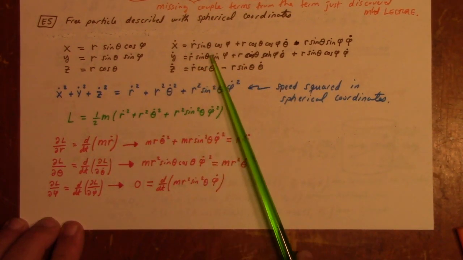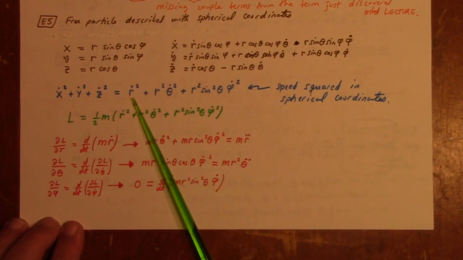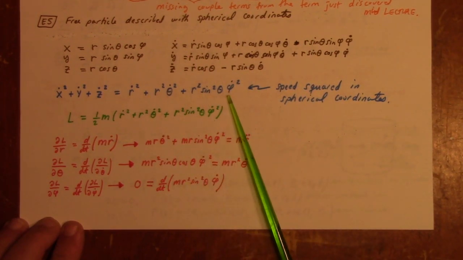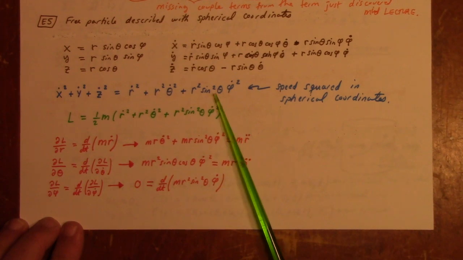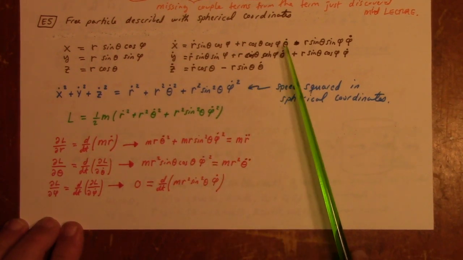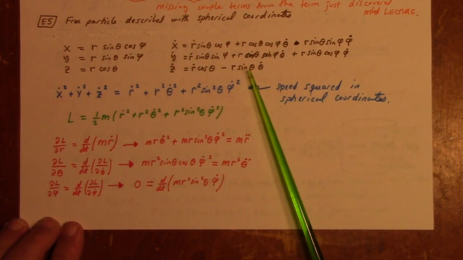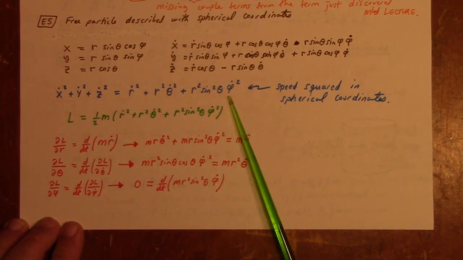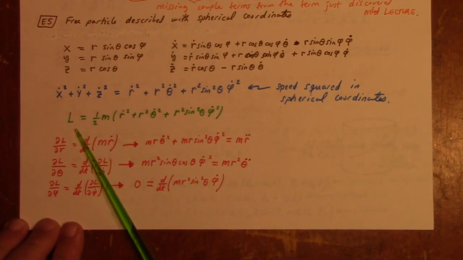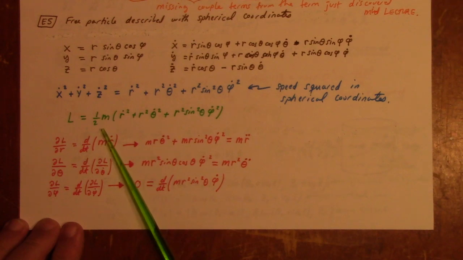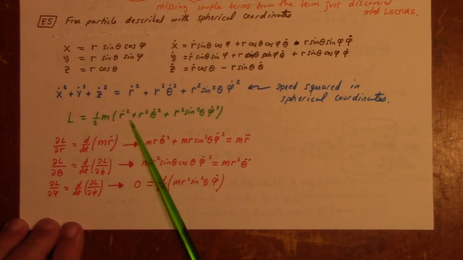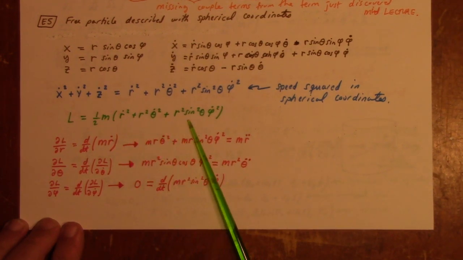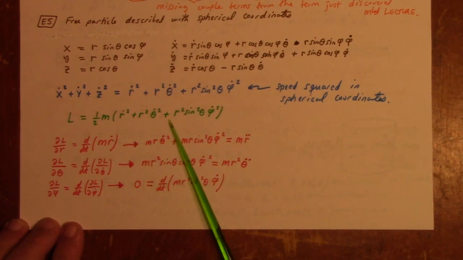Anyway, when you multiply these things out and add them together, it gets you to here. Maybe I should make that a homework. It's not especially exciting, but if you FOIL these things out, a bunch of things cancel and combine, and they end up giving you this. Which means that the Lagrangian for this free particle is just 1/2 m. So what this is here is a formula for the speed squared in physics sphericals.